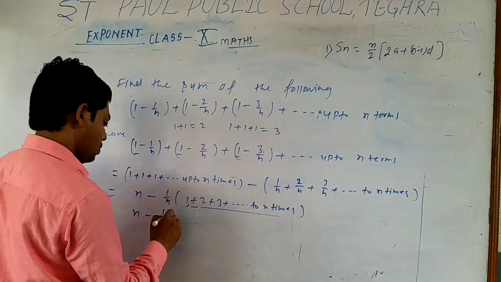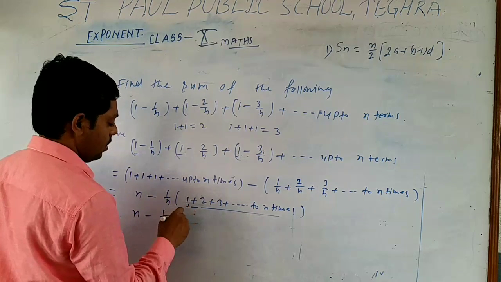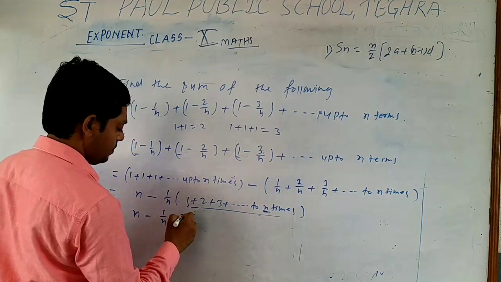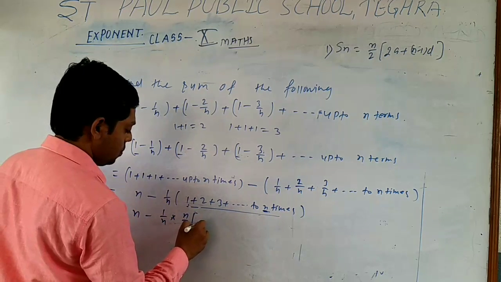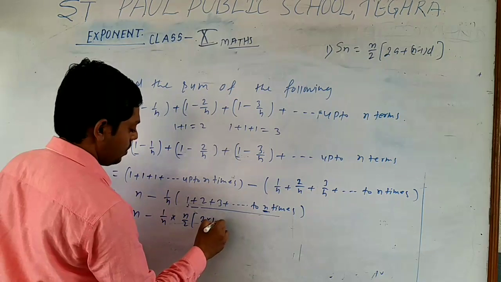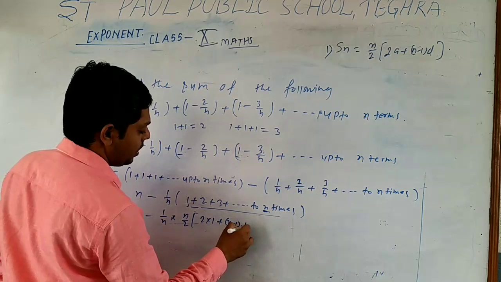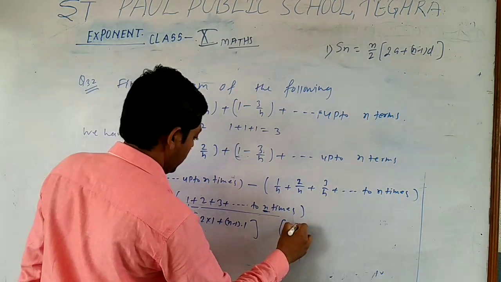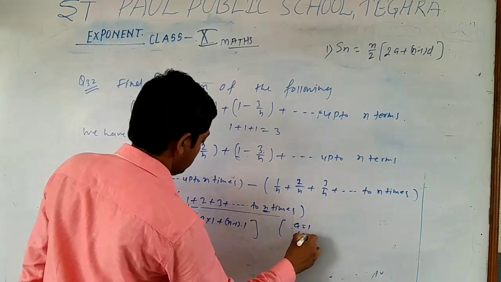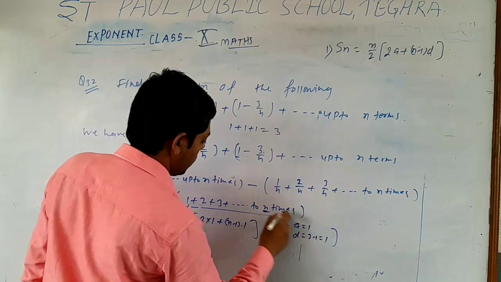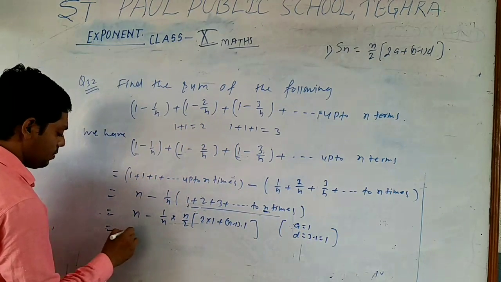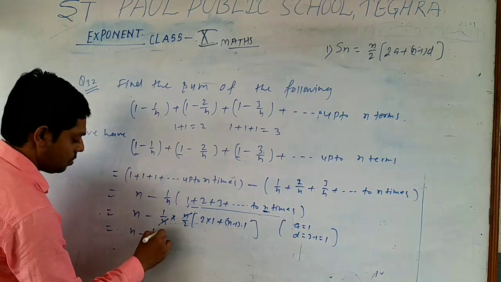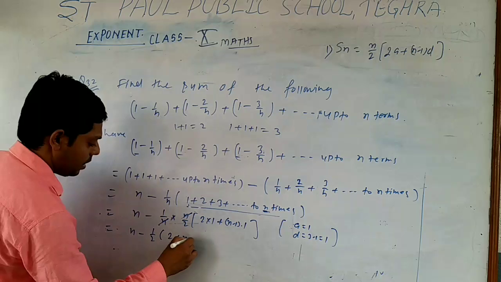So by the formula of AP, the sum is n by 2 times (2a plus (n minus 1) times the common difference). Here the number of terms is n, a equals 1, and the common difference is 2 minus 1, that is 1. This becomes n minus, by cancelling n, 1 by 2 into (2 plus n minus 1).